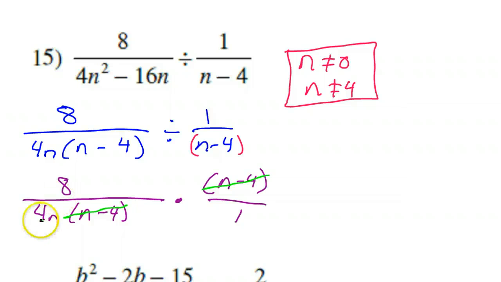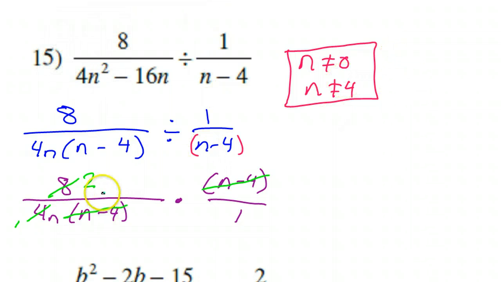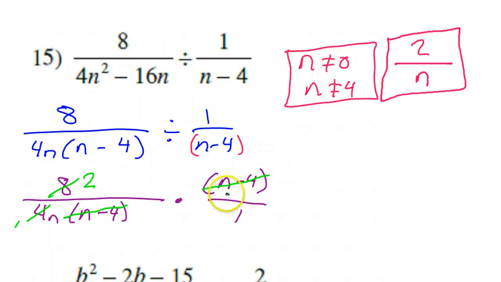But also 4 and 8 are both divisible by 4. 4 divided by 4 is 1. 8 divided by 4 is 2. So that's giving me 2 in the numerator and n in the denominator. That's it. So this simplifies down to 2 over n, and you have the restrictions.